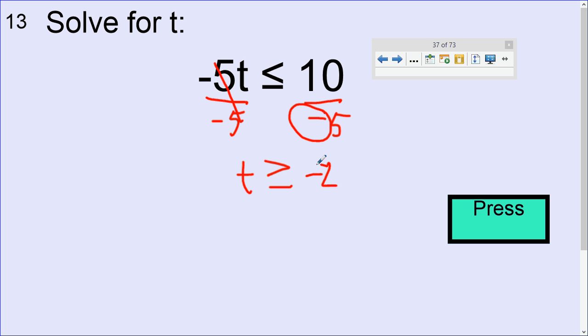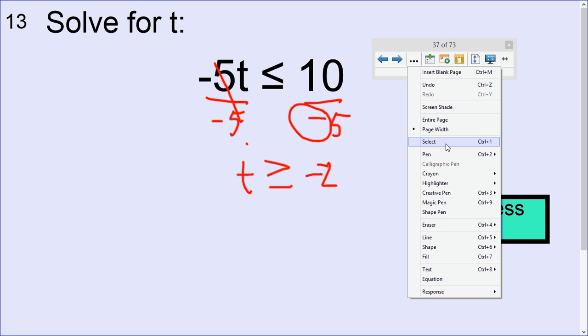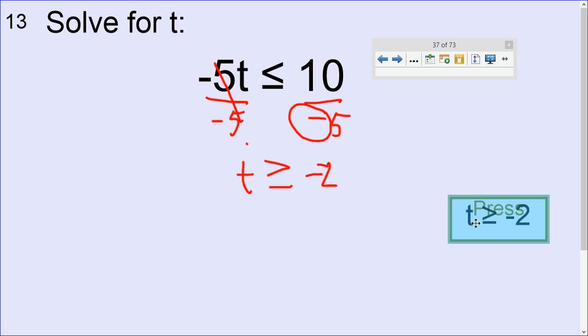It's because when you started off with a -5t, you ended up with a positive 5t. When you started off with a positive 10, you ended up with its opposite. So t greater than or equal to -2 would be our answer. So if you got that, you did a great job.